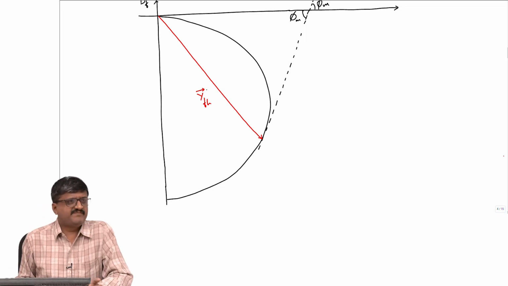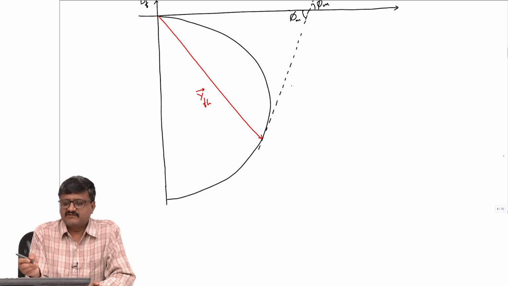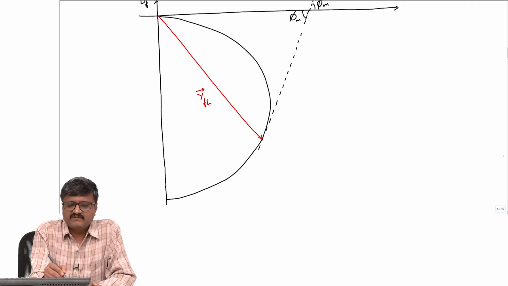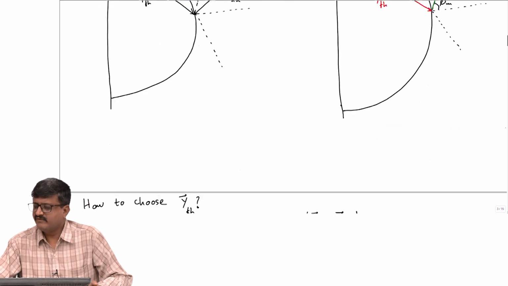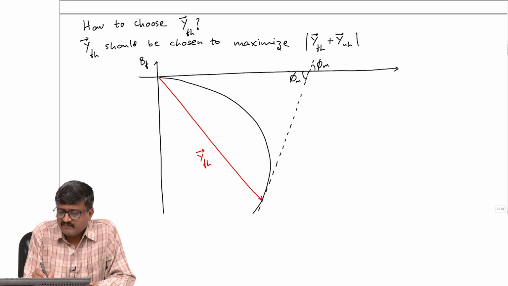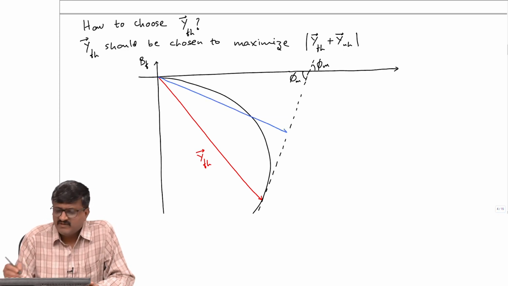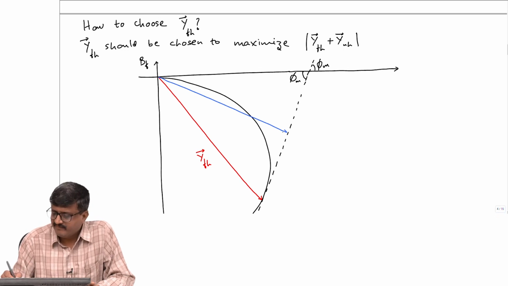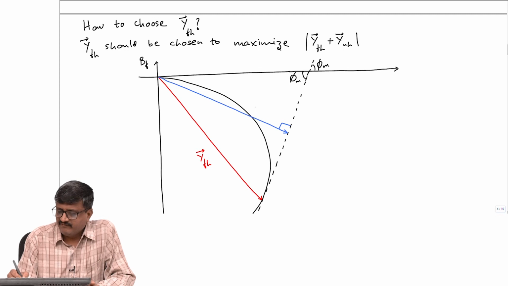Then getting y of h plus y n h is very simple. Drop a perpendicular from the origin to this boundary. I have used blue. So just drop a perpendicular. This will give y of h plus y n h.